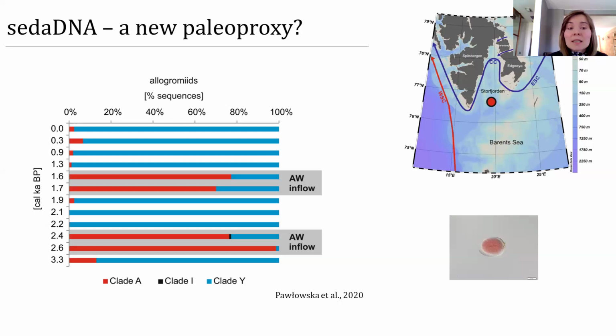And we see clear shifts between the clades of allogromids that correlated with periods of more intensive inflows of Atlantic water. There are very short-term intensifications of Atlantic water inflow, which created shifts in the water masses in the area, and of course, shifts in environmental conditions. And it was reflected in the composition of the allogromid community.